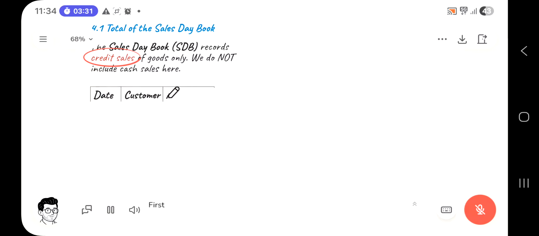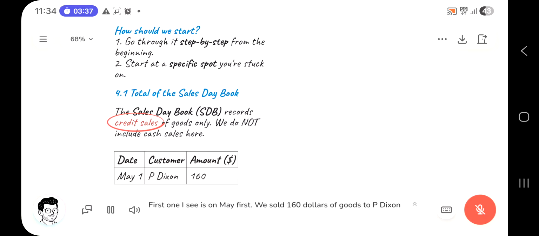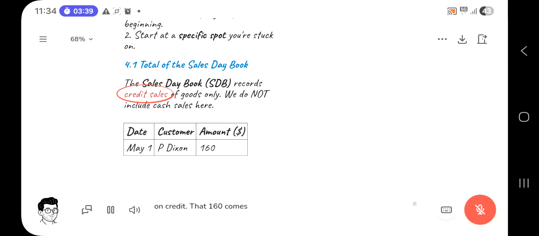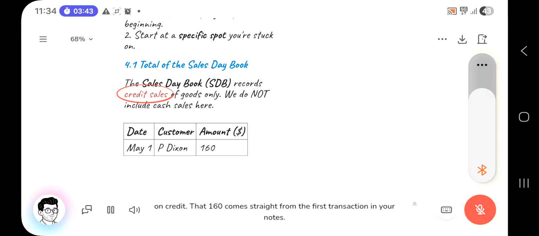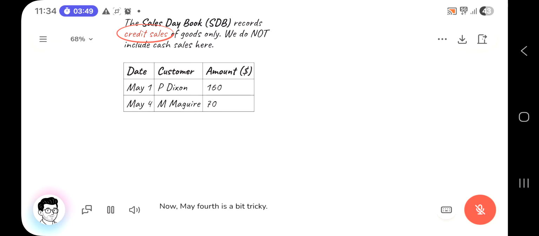First one I see is on May 1st. We sold $160 of goods to P. Dixon on credit. That 160 comes straight from the first transaction in your notes. Now, May 4th is a bit tricky. We sold $80 of goods to M. McGuire, but check this out.